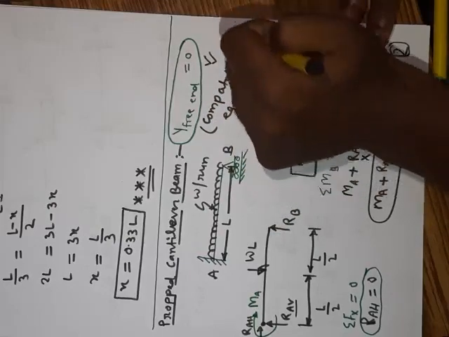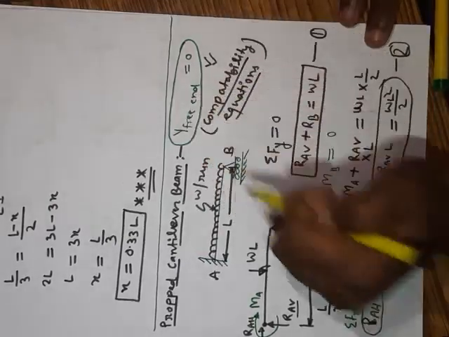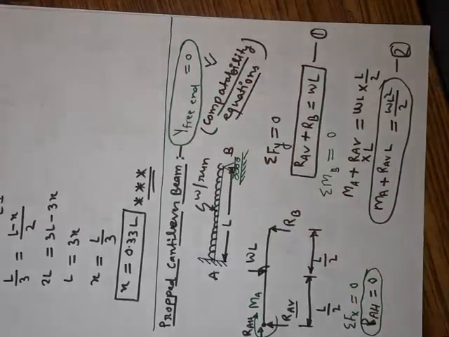I will use this equation to find the support reactions at point A, B or moment M. So students, what I will do, I will break this beam into two parts.